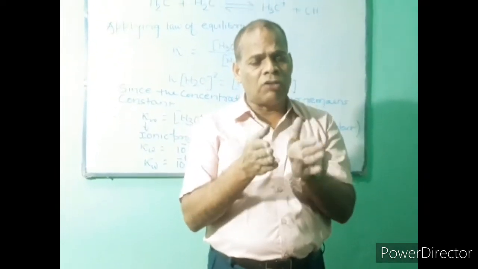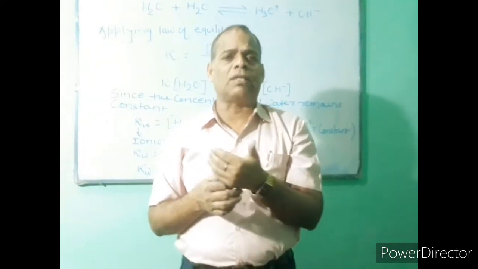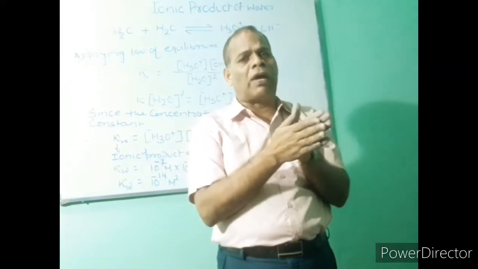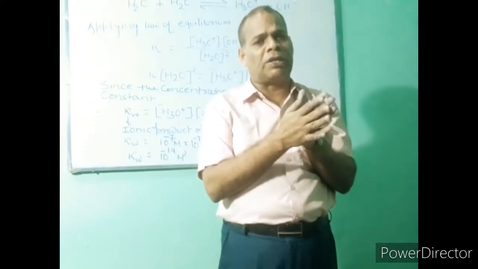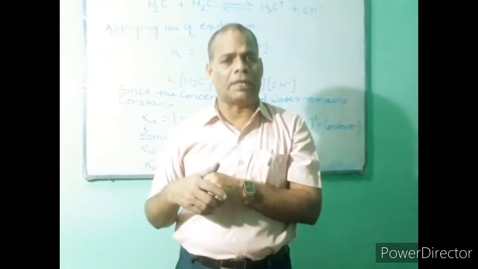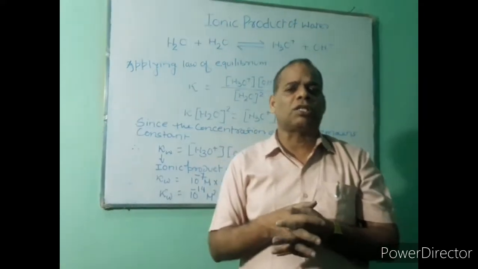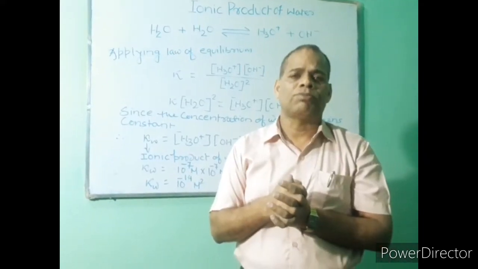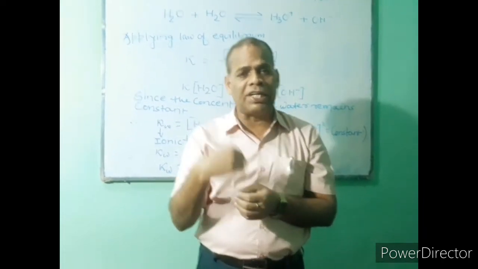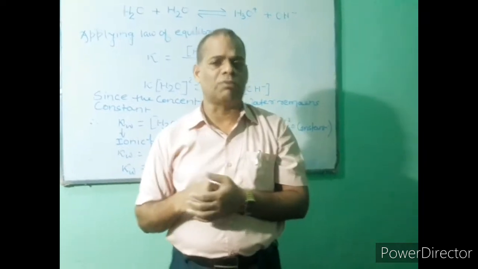If the value is less, it indicates some of the molecules of the acid or base dissociate partially into their ions. We are not going to discuss much about this, as you will study it in class 11, but a little bit will be needed. That's why I have shared this equilibrium constant with you.